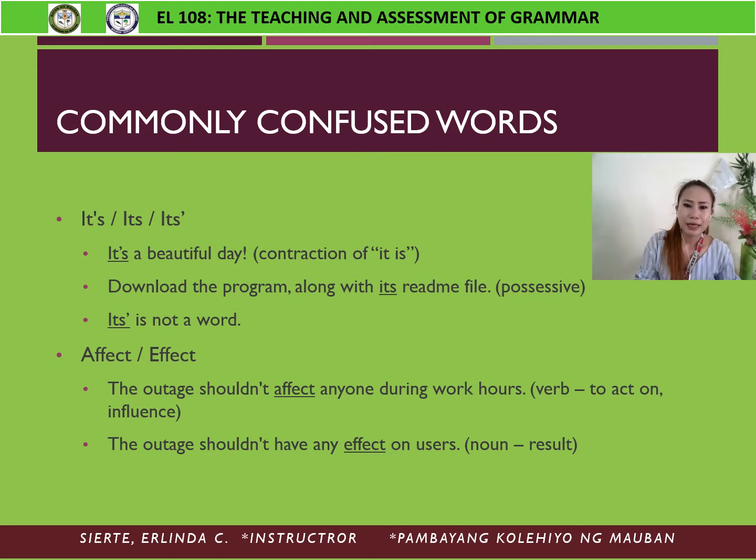Alright? Next is affect and effect. We have the first sentence: "The outage shouldn't affect anyone during work hours." The function of the word affect is verb, which means to act on or to influence. The second one: "The outage shouldn't have any effect on users."